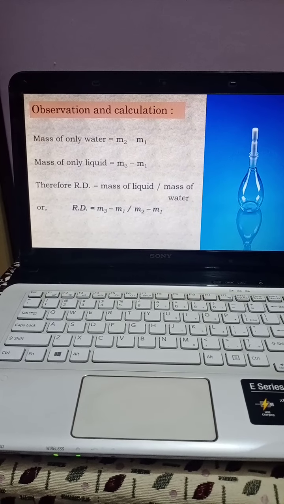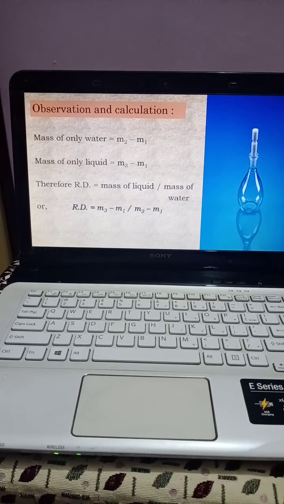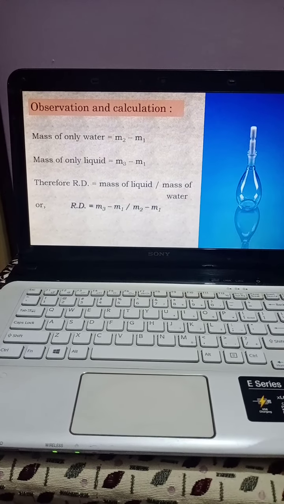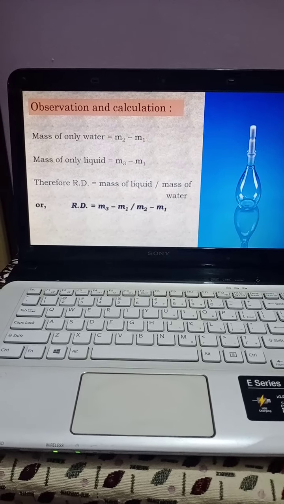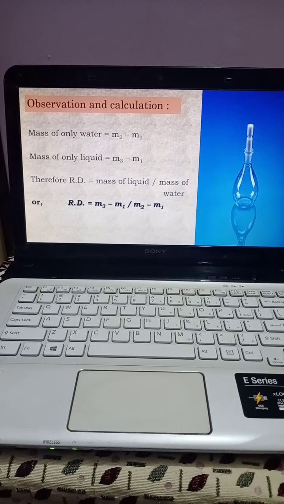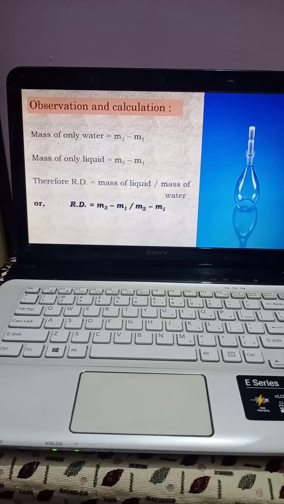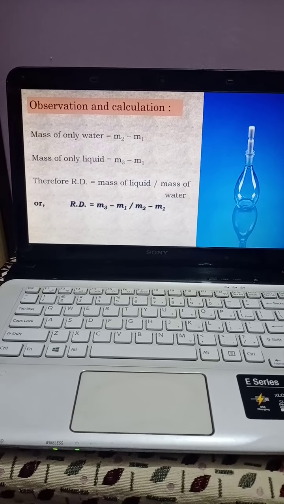Then relative density, as you all know, the formula is mass of liquid by mass of water, and then we get the relative density as M3 minus M1 divided by M2 minus M1. So this is how we can find out relative density of any unknown liquid.